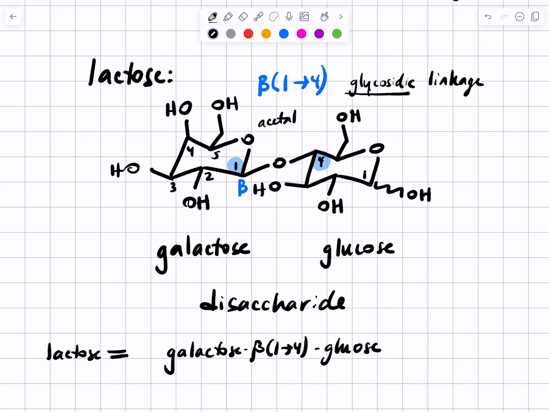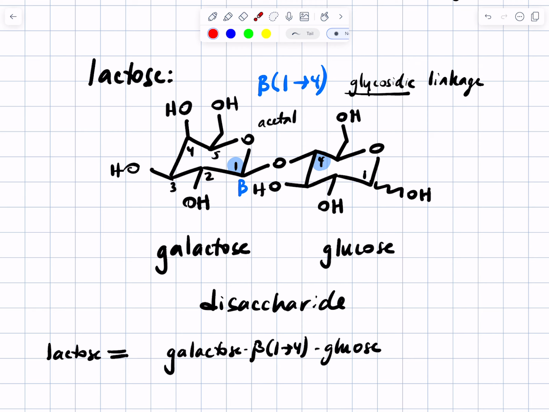Now, where does lactose intolerance come from? It turns out that human infants express an enzyme called beta-galactosidase that hydrolyzes this acetal. So you can break lactose down into galactose and glucose.